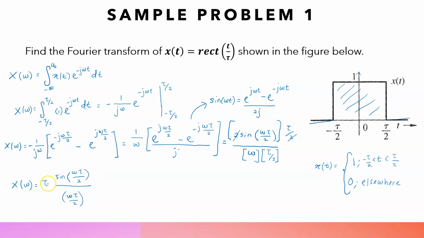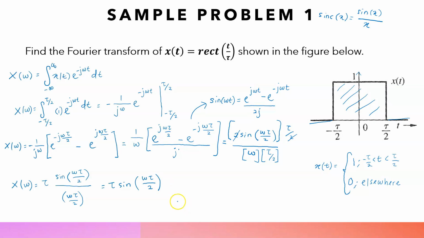Now this form is similar to this signal, sinc of x equals sin x over x. So this part we can replace with τ sinc(ωτ/2). So this is the answer.